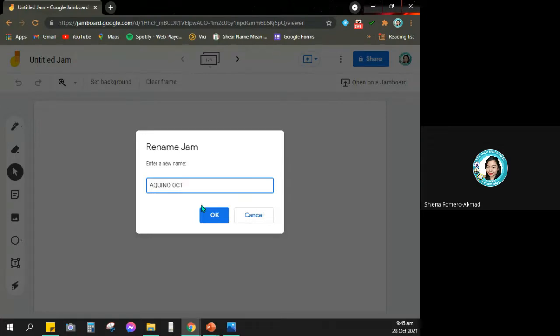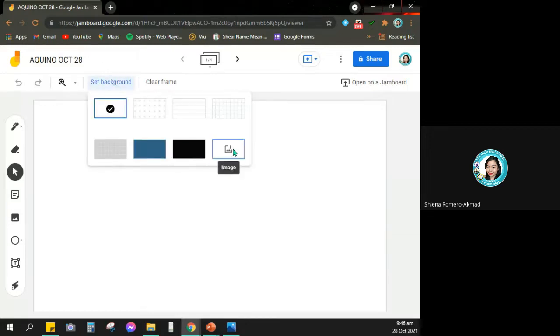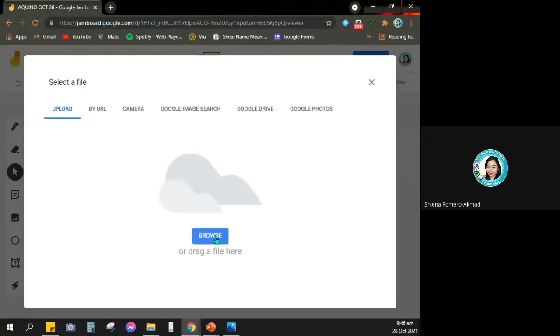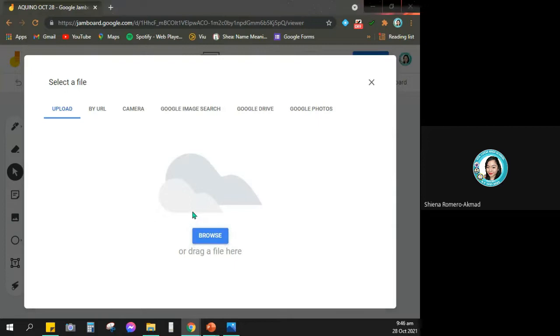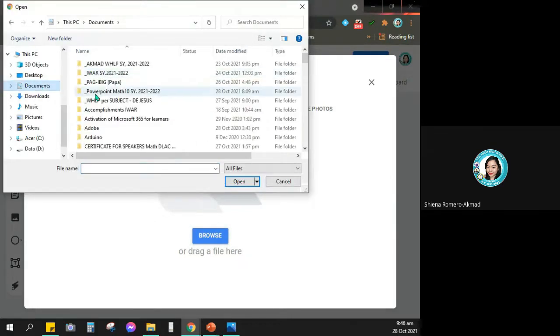Ano nangyayari sa ano ko? Napipindot pala. October 28. Ano number yun? 14? 14 ba yun? 14.